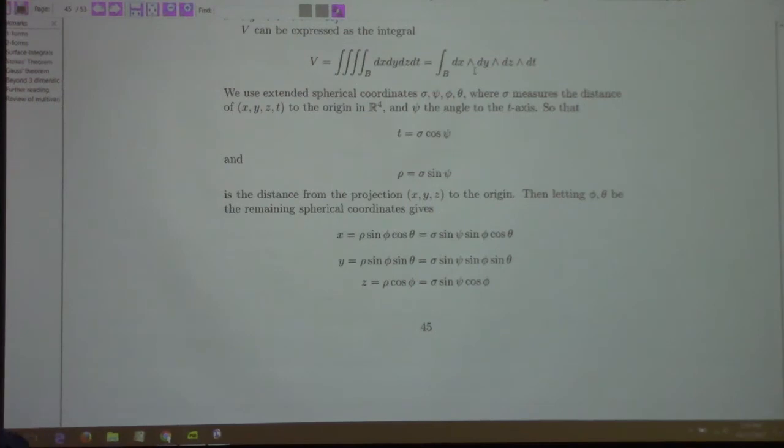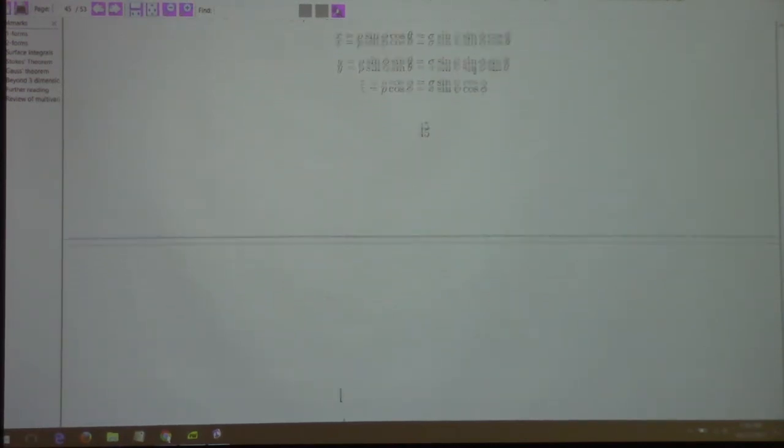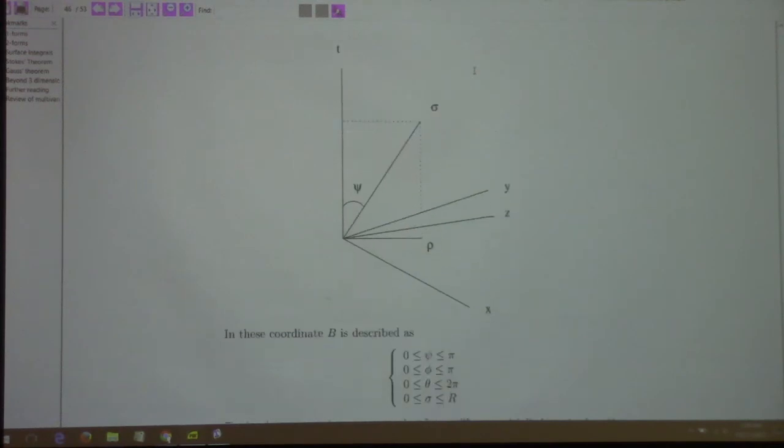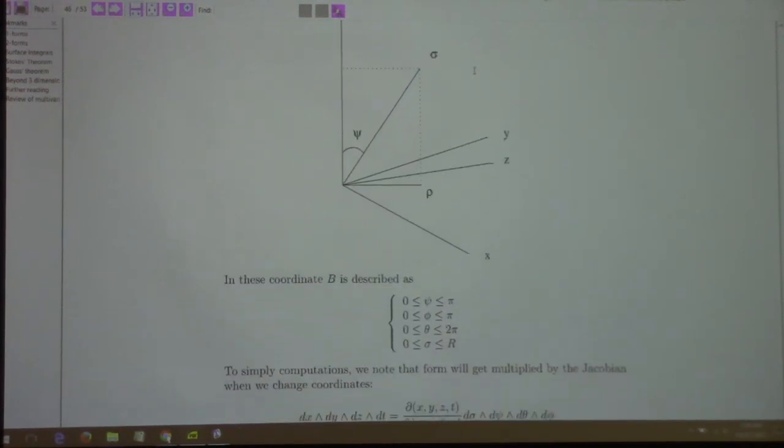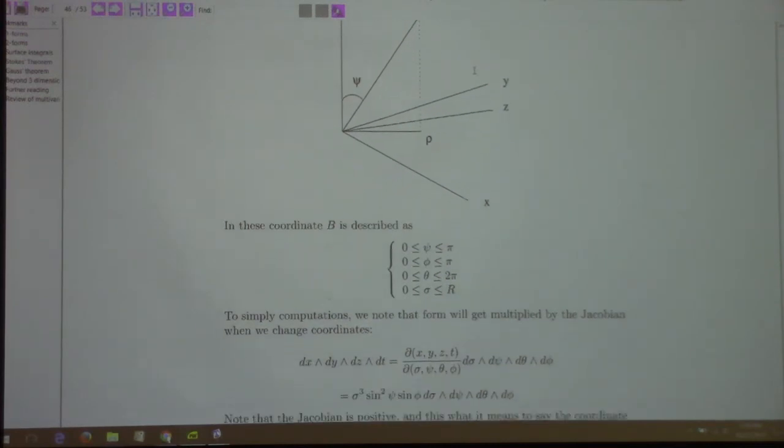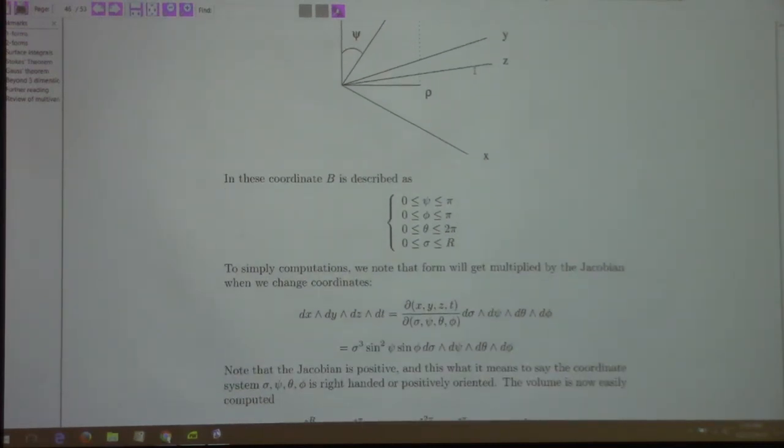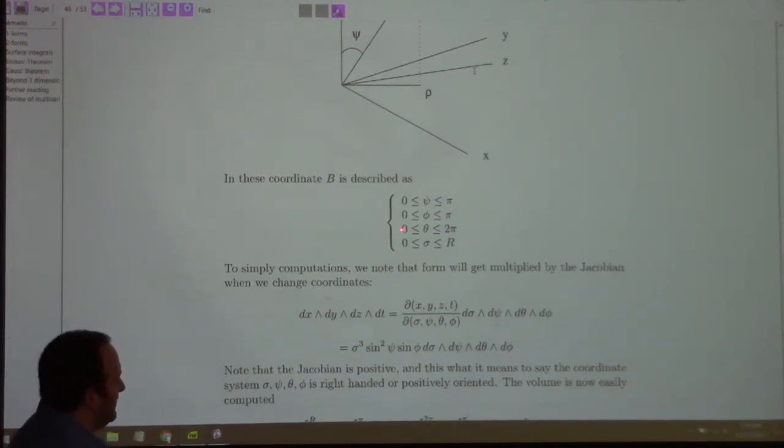Now, to actually calculate that, you have to introduce coordinates, and so he chooses to introduce basically hyperspherical coordinates. He's even got a picture to justify it. Here's your x, here's your y, here's your z. If you took calculus 3 with me, at some point I threw these on the board. We did, but not from the perspective of differential forms and with slightly different letters. You have two so-called polar angles, and one that sweeps all the way around, and there's your radius.